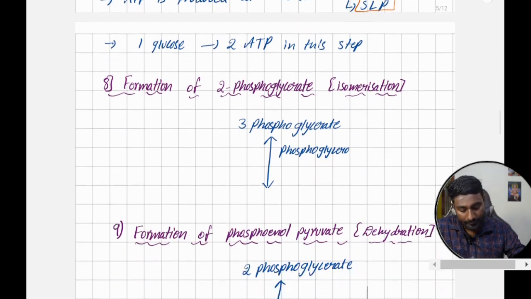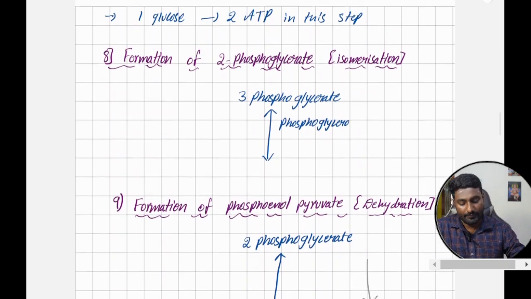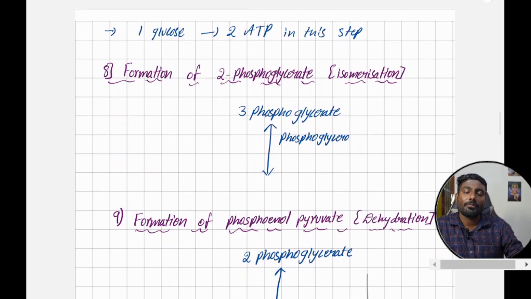Okay, now for one molecule of 1,3-BPG, we are getting one ATP. That means one glucose can produce how many ATPs at this step? Two ATPs at this step. Okay.